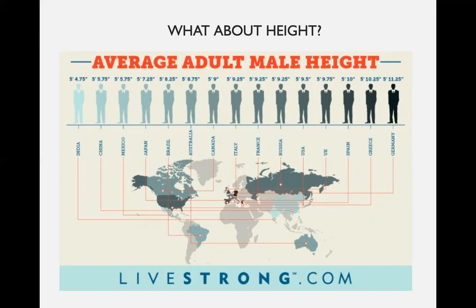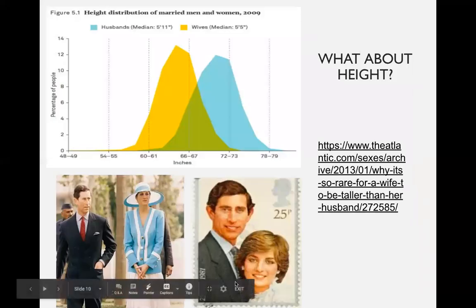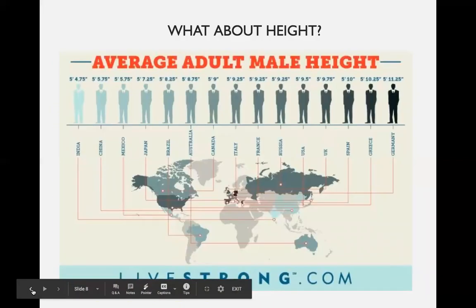It's worth noting, right, that although within a given society, on average, men are taller by several inches than their female counterparts, this difference between men and women becomes a lot more dicey when you start comparing cross-nationally, because the average height of women in Iceland and the Netherlands, for instance, 5'6", 5'7", is several inches taller. Let me go back to make my point. Several inches taller than the average height of men in India or China.